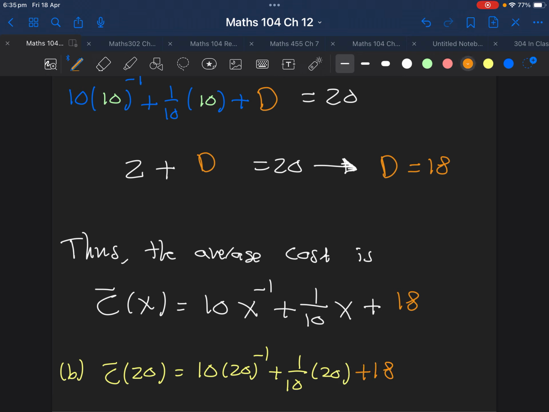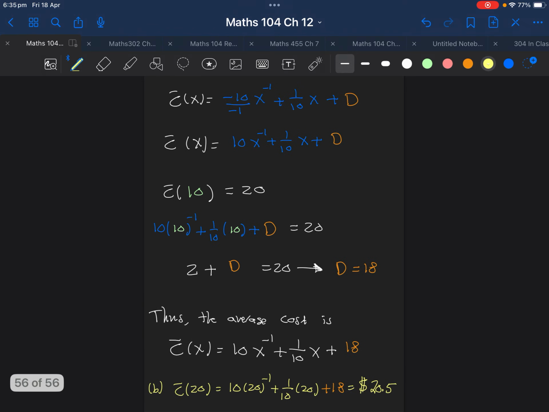And whatever answer we get is the final answer. Of course, the answer should be in dollars. So it would be just half plus 2, that's 20.5. And that's all about the application.